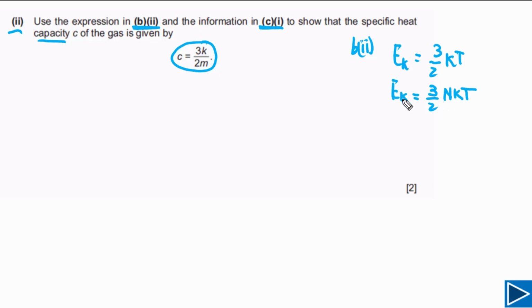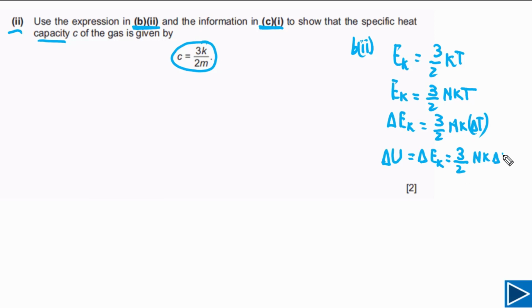So we will say total kinetic energy or internal energy will be equal to 3 by 2 NkT. If we are talking about the change in kinetic energy, we can rewrite this as 3 by 2 Nk times change in temperature. But for ideal gases, we also understand that delta U, the change in internal energy, is equal to change in kinetic energy. So simply we can say the change in internal energy is equal to 3 by 2 Nk times delta T.